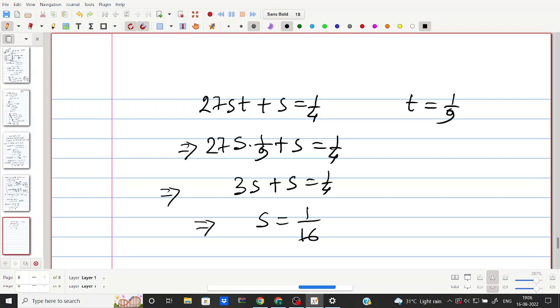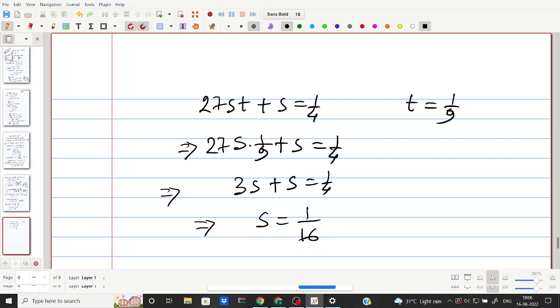Now you have to find the value of u at (1/4, -1/9), what is given. So you have to find u of t, s. Because you know u(t, s), u is given by this equation. I'm not showing you, I'm directly writing. You can check.